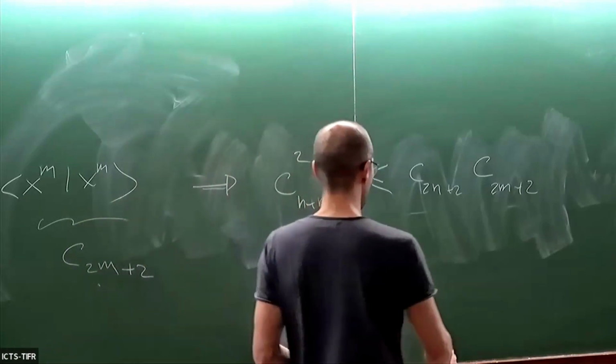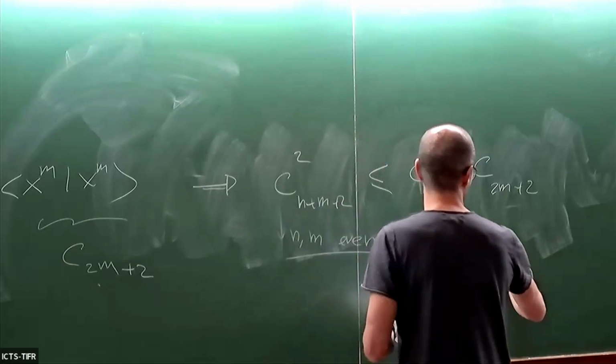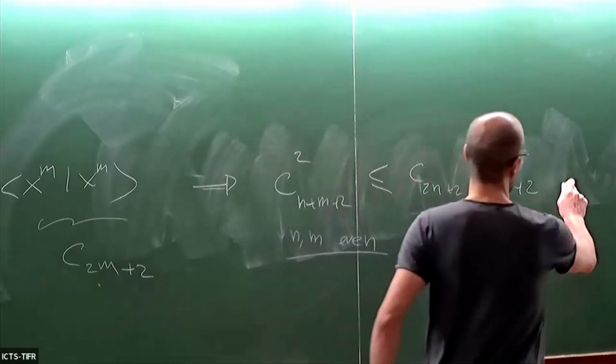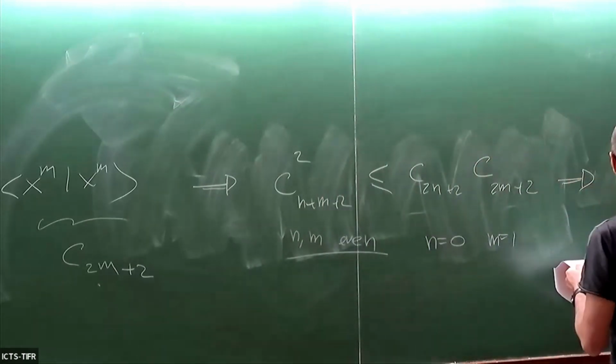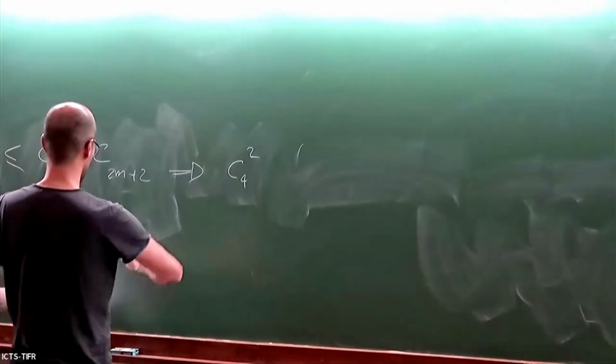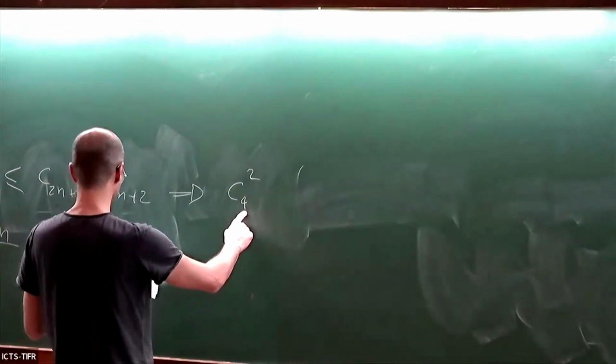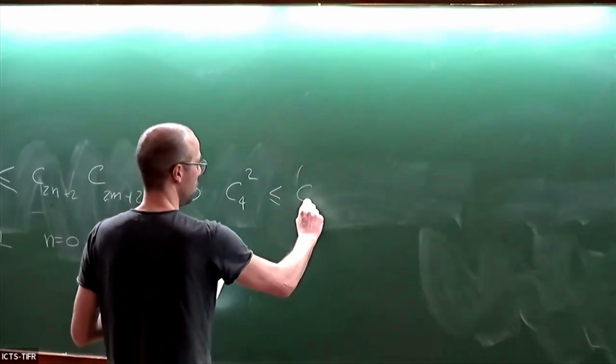So in particular, for example, take n equals 0, m equal 1. This is implying immediately that C4 squared, you get from here, m equal 2, sorry, it must be even, m equal 2. C4 squared is bounded by C2 C6.